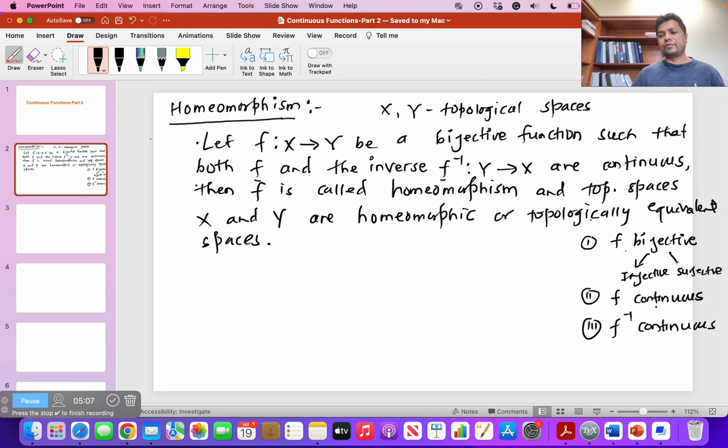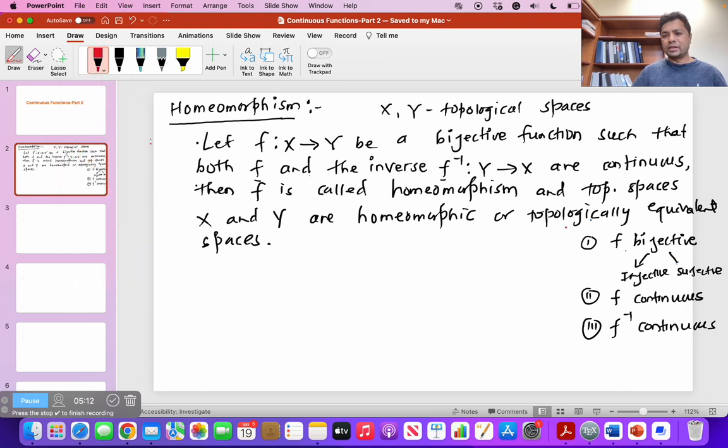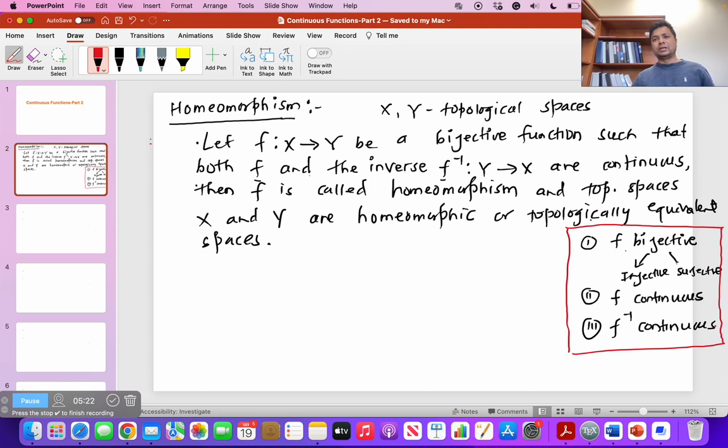If a function between two topological spaces satisfies those three conditions, then the function is called a homeomorphism. And if a function is a homeomorphism, then those two topological spaces are topologically similar.